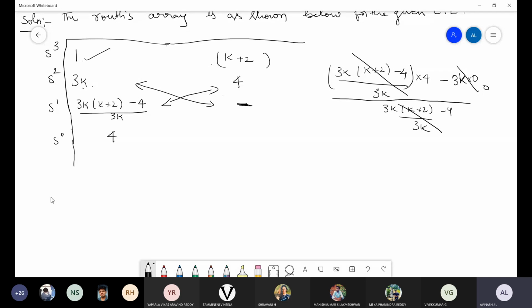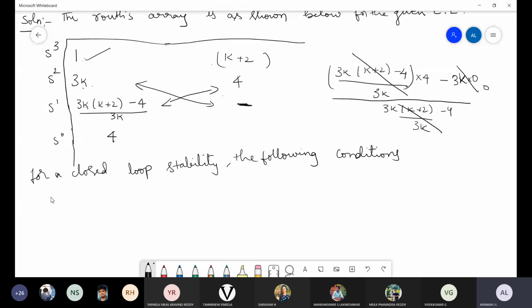So we write one particular statement: for closed loop stability, the following conditions must be satisfied.